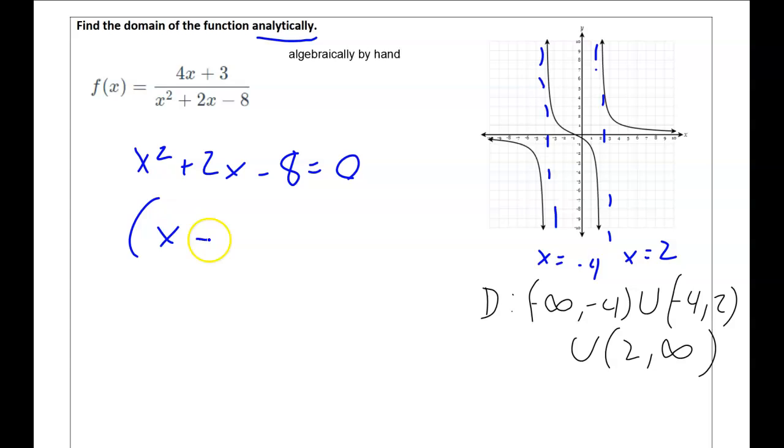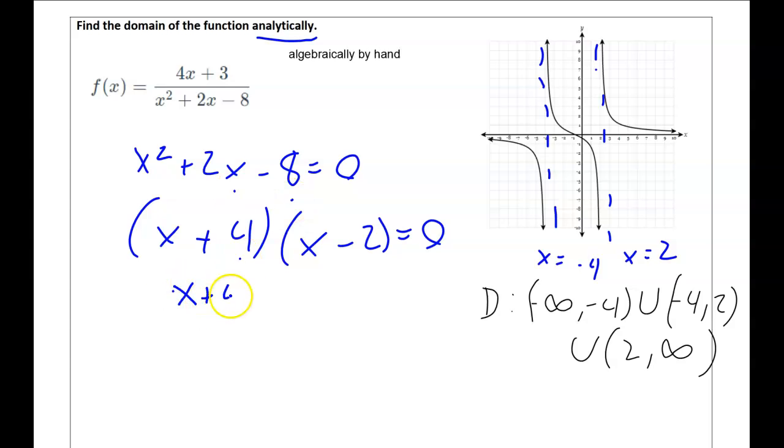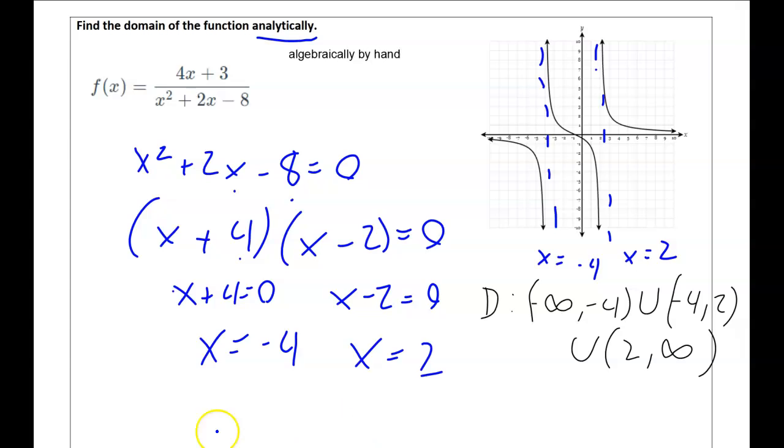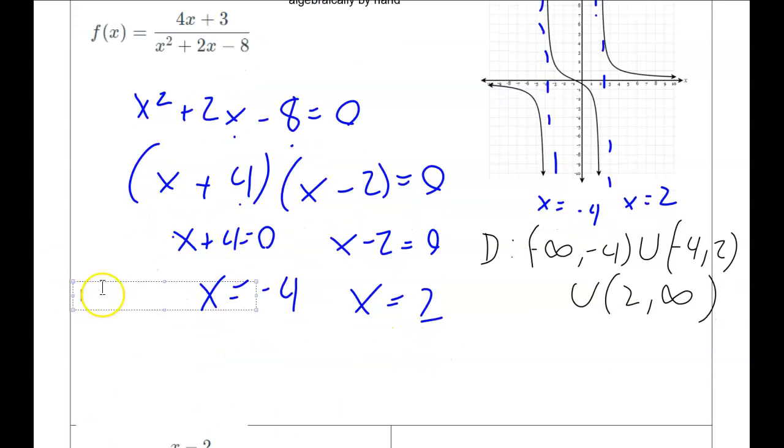So we get x plus 4 times x minus 2, because -2 times 4 is -8, and -2 plus 4 is my 2. And then I set each piece equal to 0. And look what I get: x equals -4 and x equals 2. But this is not my answer. These are the values that are not allowed. So that's what we're solving for. That's the key fact to keep in mind. We're solving for values that are not allowed when we're setting the denominator equal to 0.